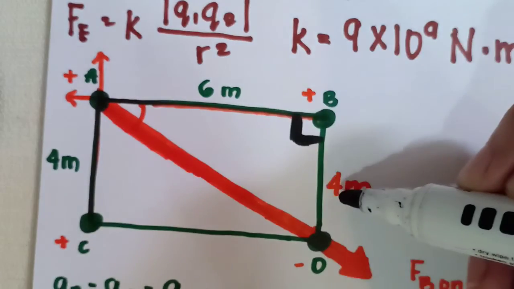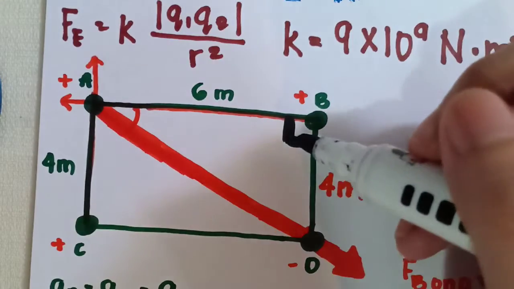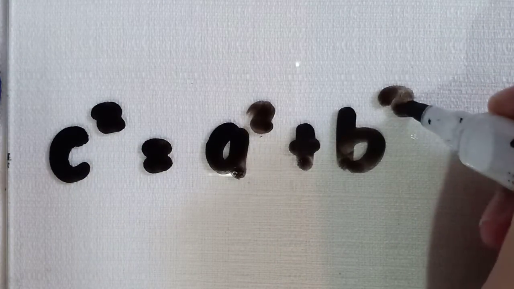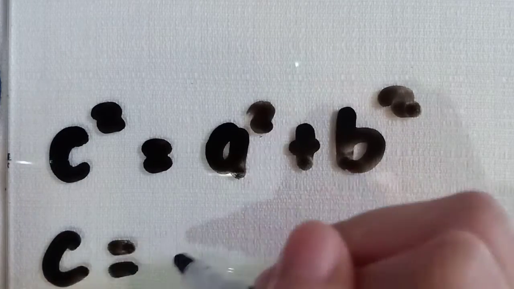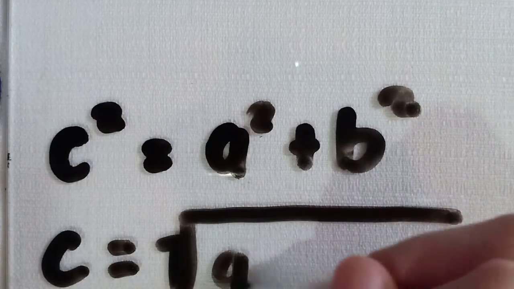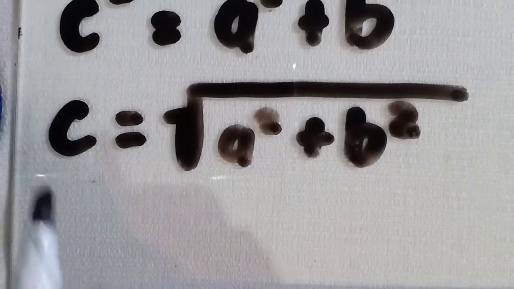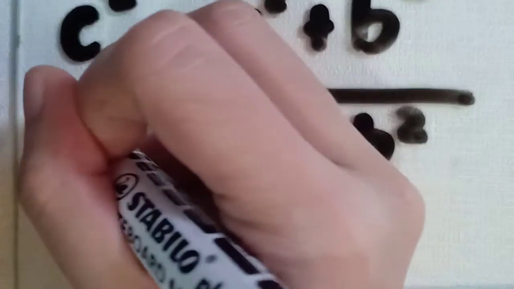Then we have two sides, which means A and B, and we can look for C. So Pythagorean theorem, that's C squared is equal to A squared plus B squared. And C is equal to square root of A squared plus B squared. In this case, C will be R. So we can just change that, C to R.